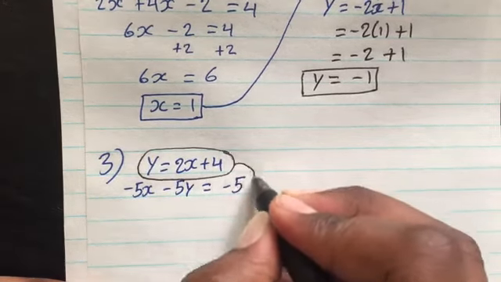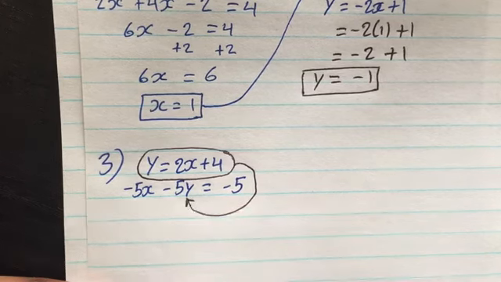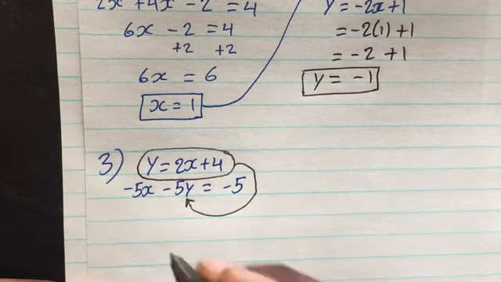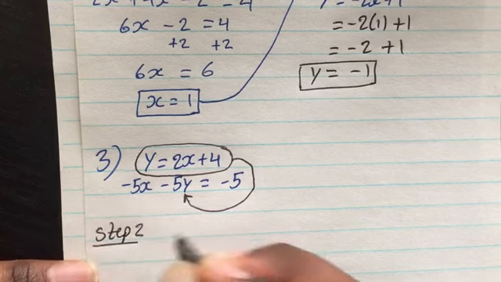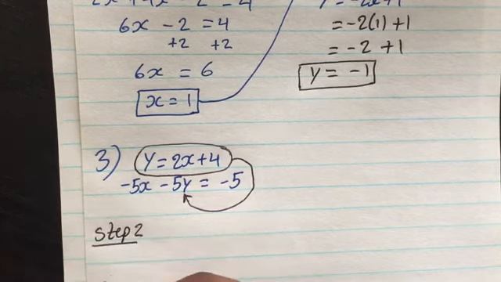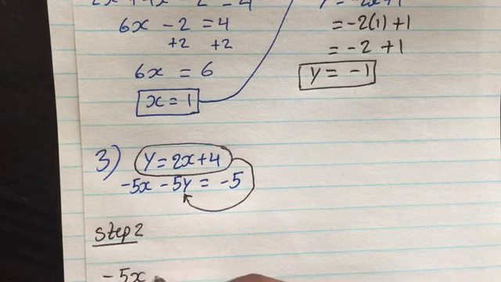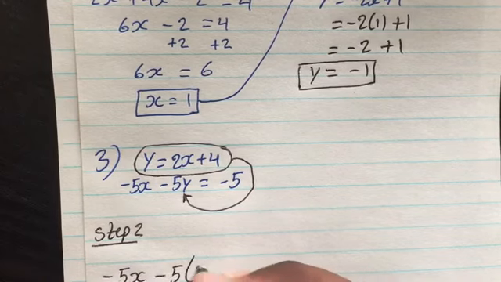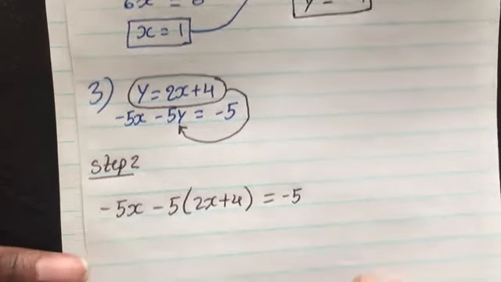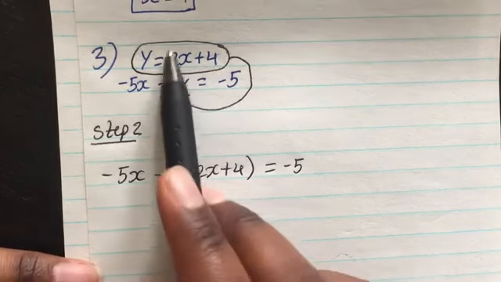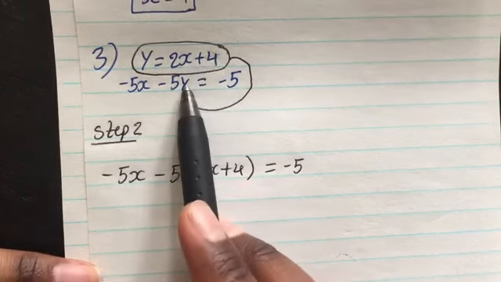So we take that result and substitute into that right there. Step 2 says to rewrite the problem here of negative 5 times your y and set it equal to negative 5. So I take this 2x plus 4, substitute right here.